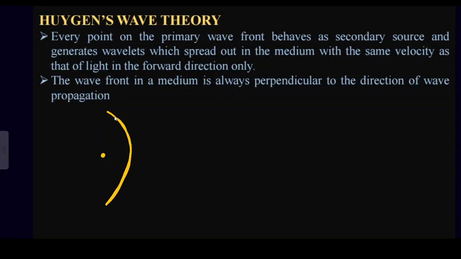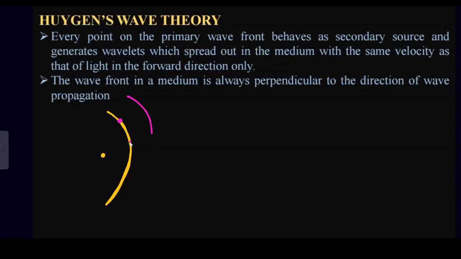And every point in the primary wavefront will also generate waves. Now this point will generate waves again. This point will behave like a source, and it will generate waves like this.